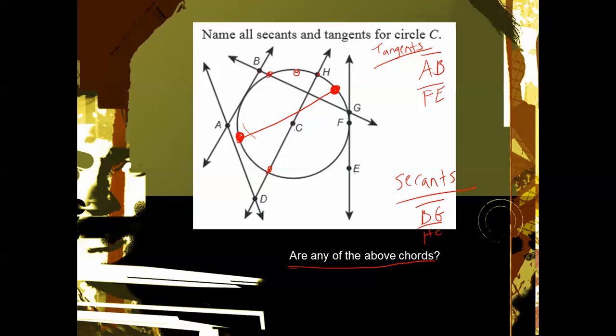These right here would be examples of chords. They don't go on past the circle. So that's the big difference: chords have their endpoints on the circles, whereas secants are lines that touch the circle at least twice, and then they usually go through the circle.